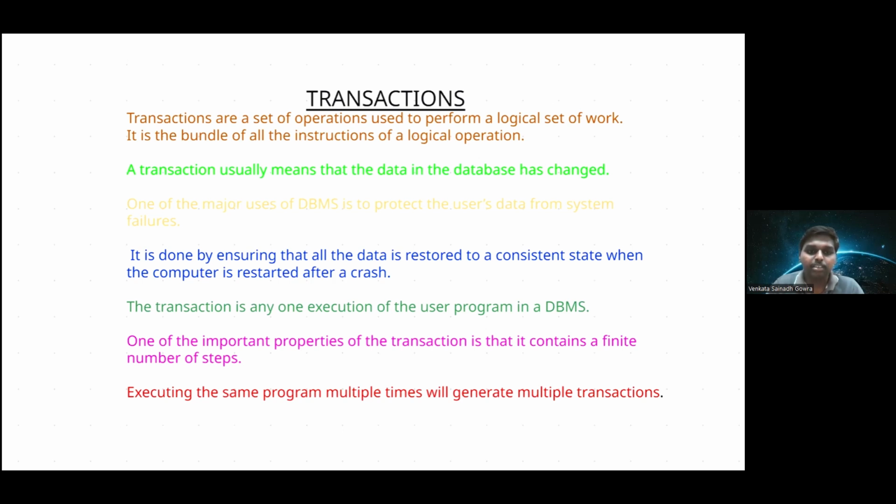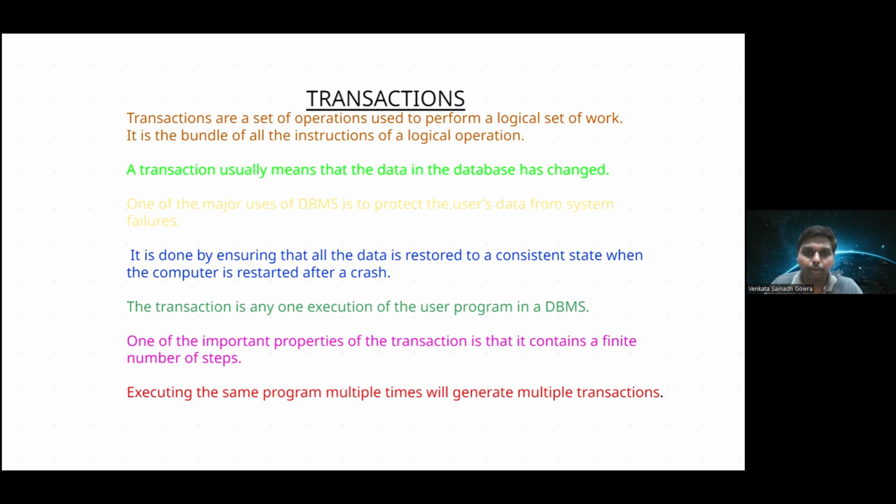Next, a transaction is any one execution of a user's program in a DBMS. By using one transaction, you can change the data in the DBMS and the execution is done. Next, one of the important properties is that it contains a finite number of steps. When you're taking money from an ATM, you have a set of instructions, like operations, you have to do. So they are finite.